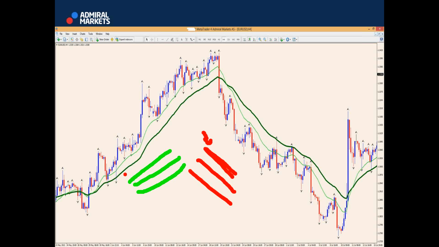If it touches the middle one, then of course this is a gray area. I'm not saying it's totally not important, but the theory is really the lowest and the highest, or below above it.